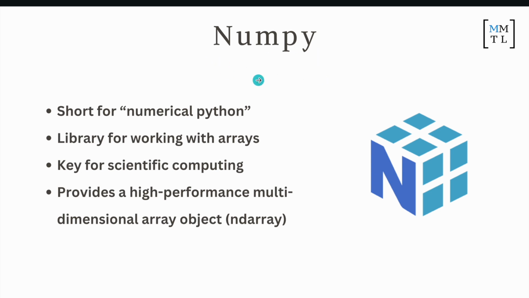NumPy, we've already done a bit of it. It's short for numerical Python, and it's for working with arrays. Essentially, what NumPy does is it provides a high-performance multi-dimensional array object, the ndarray, or n-dimensional array. The thing about NumPy is that these arrays, although they appear very similar to your normal Python lists, are much quicker, especially for calculations.